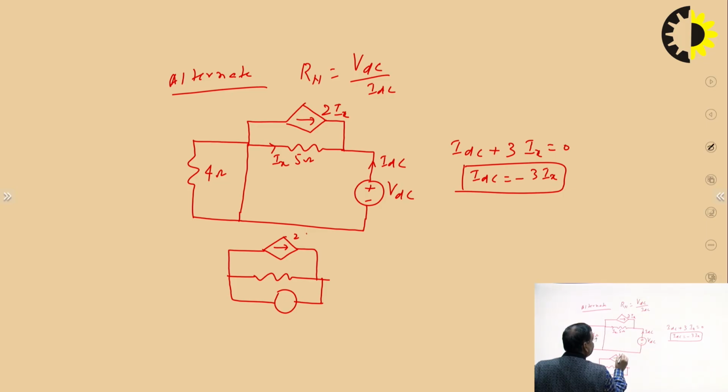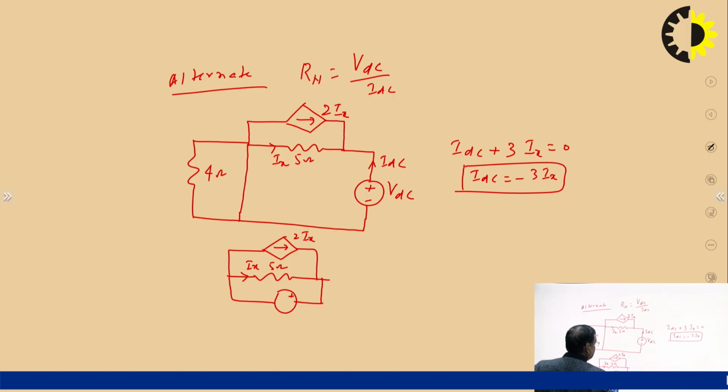This is 2 Ix, this is your Ix, this is your 5 ohm, and VDC, the plus polarity is here, here is the plus, here is the minus. This is your VDC, this is your IDC.